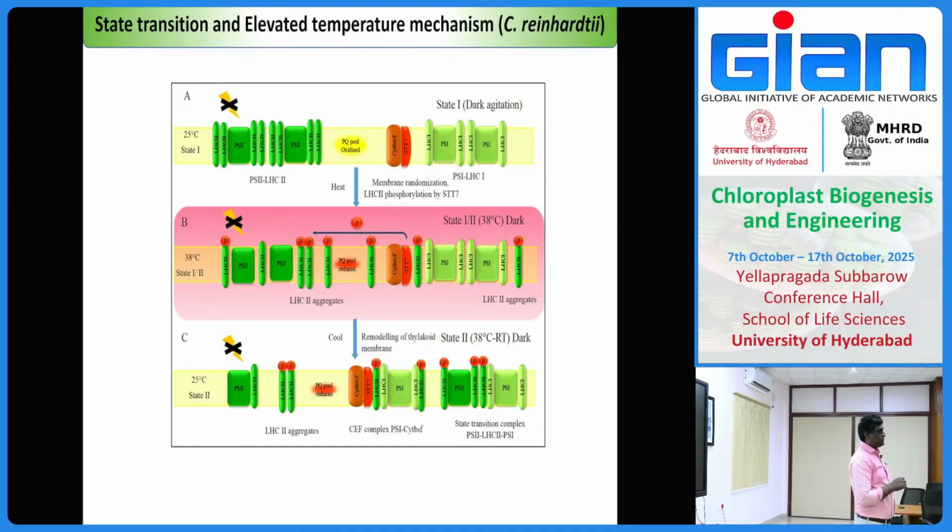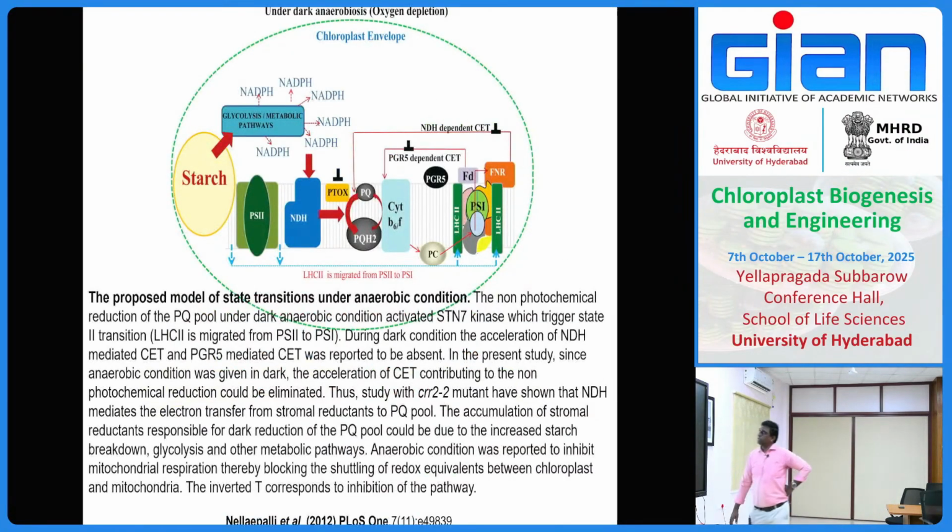In the dark induced state transitions, cyclic electron transport is circulating, where it is driven by the dark cycle, that is the metabolic cycle. Through metabolism, I think maybe I can show you the data. So you can see here, through glycolysis, I didn't show you the glycolysis or metabolic pathway. From that, NADPH is produced.